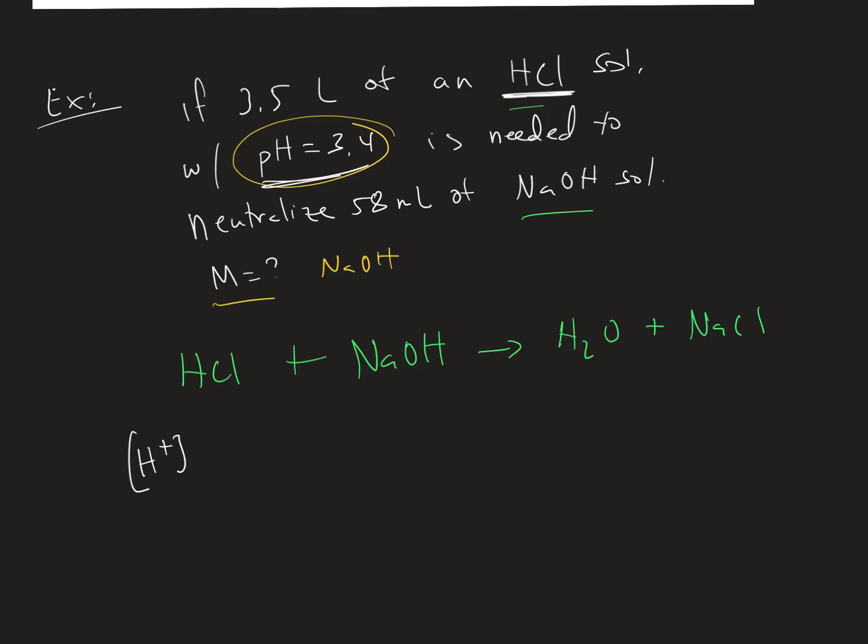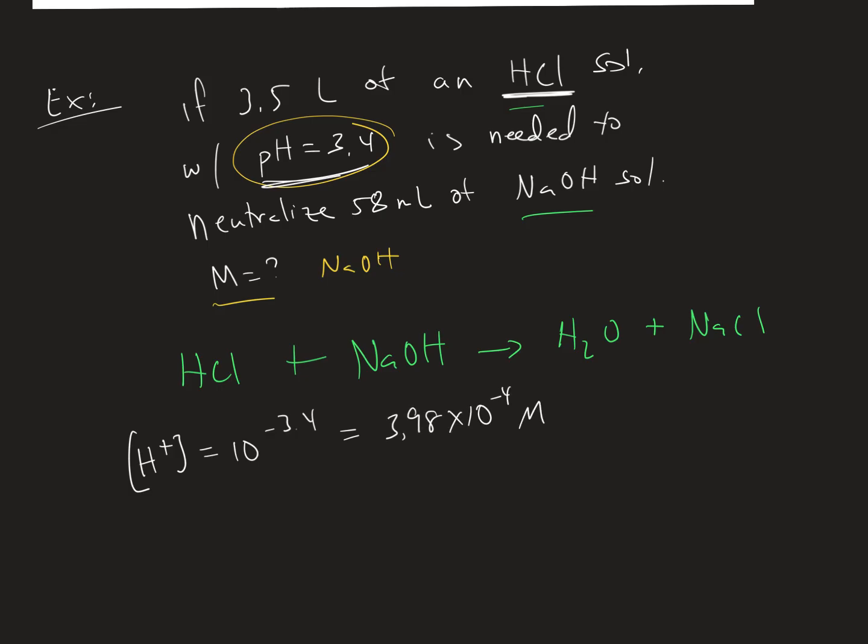You with me? Just do one step at a time, but just make sure you're watching what you have. So this is 10 to the negative 3.4, and that's going to give me 3.98 times 10 to the negative 4.